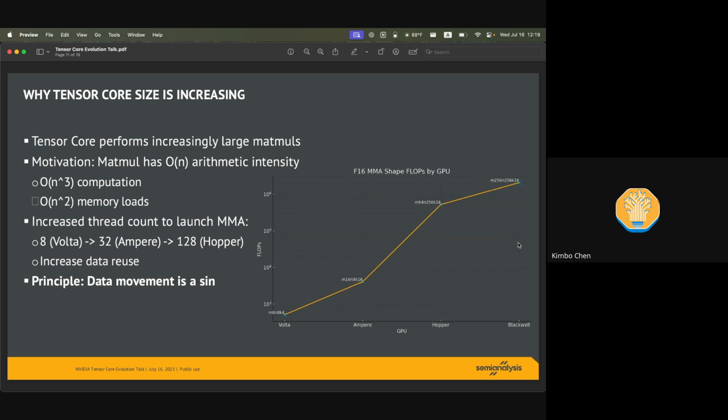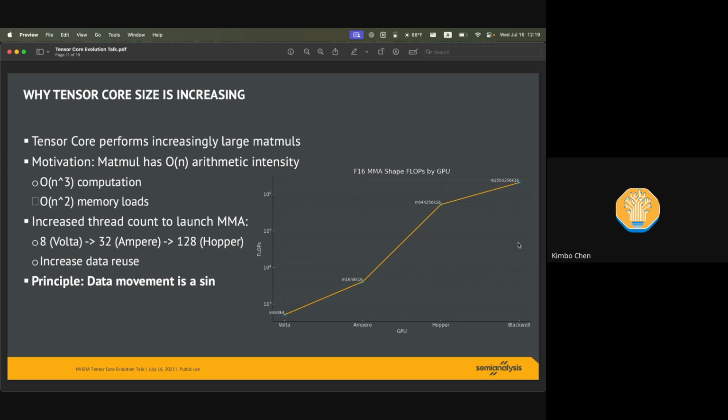The reason why architecture designers are so conscious of memory loads is because in the blog post we call data movement a sin. The reason why it's a sin is because memory speed and memory capacity hasn't been improving as fast as compute, making computation a lot cheaper than data movement.